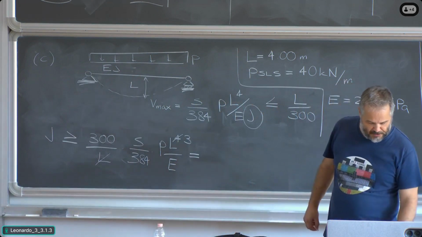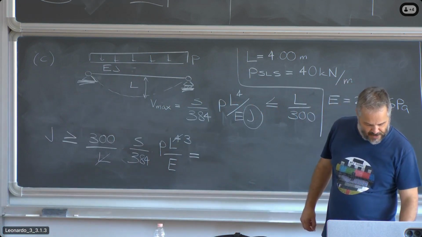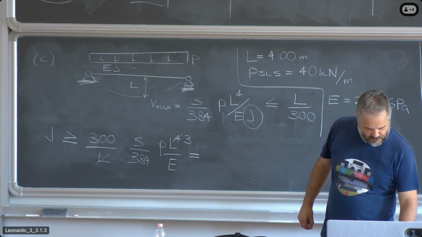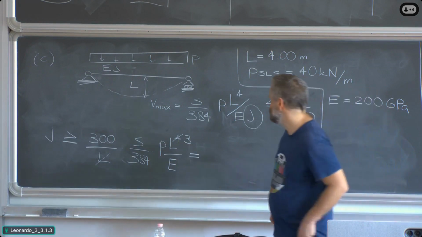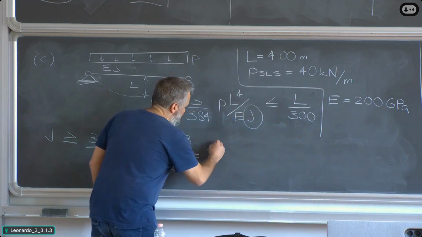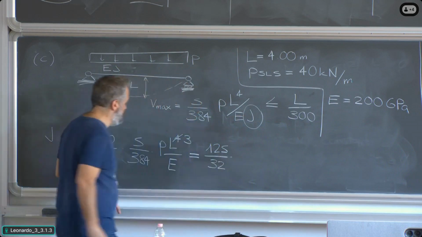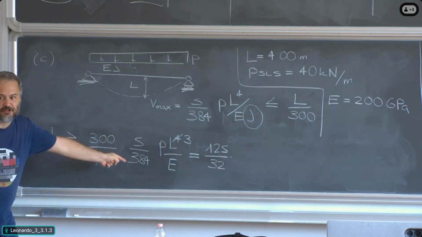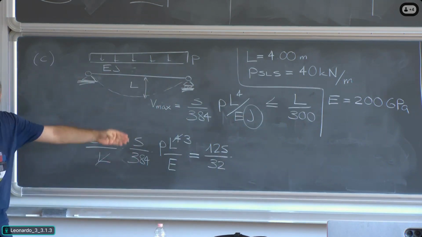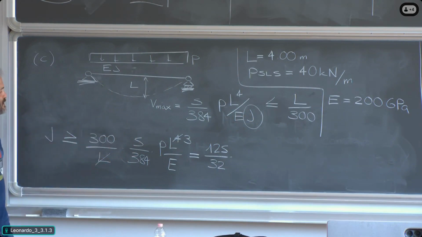It's not needed, but 300 times 5 over 384 becomes 125 over 32, just to give you how this fraction of numbers reduces, but you don't have to do that. I mean, you simply calculate it.